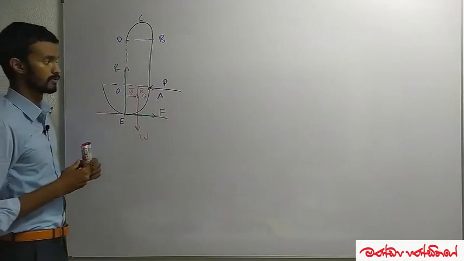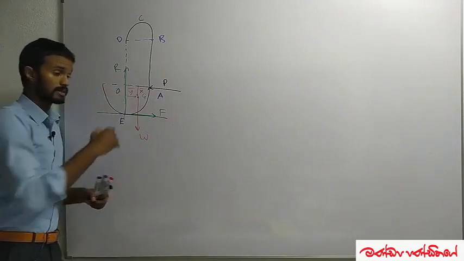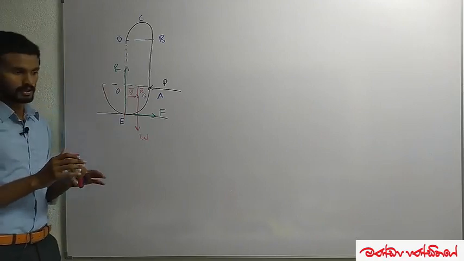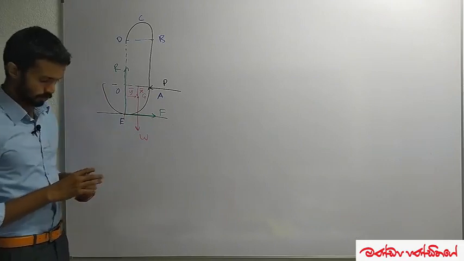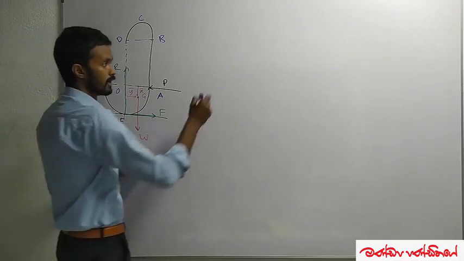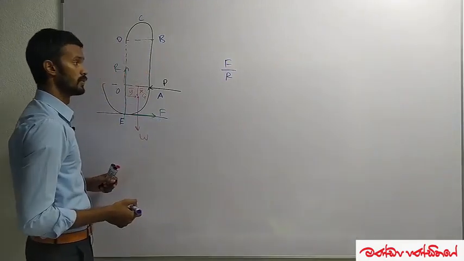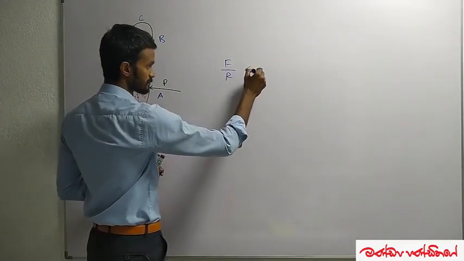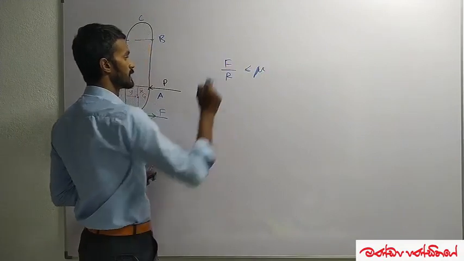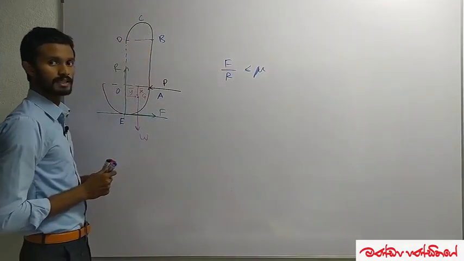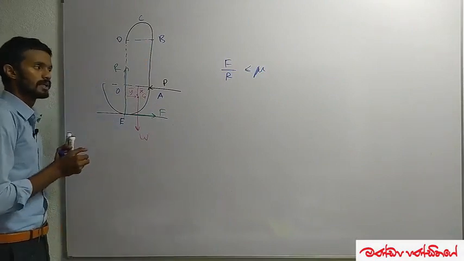So how can I approach this? What approach should I make in order to complete this question? They're asking us to show that the spoon can be kept in equilibrium. We know that if the F over R ratio is less than or equal to mu, which means F hasn't reached the limit of frictional force, then I can tell that this is at equilibrium.